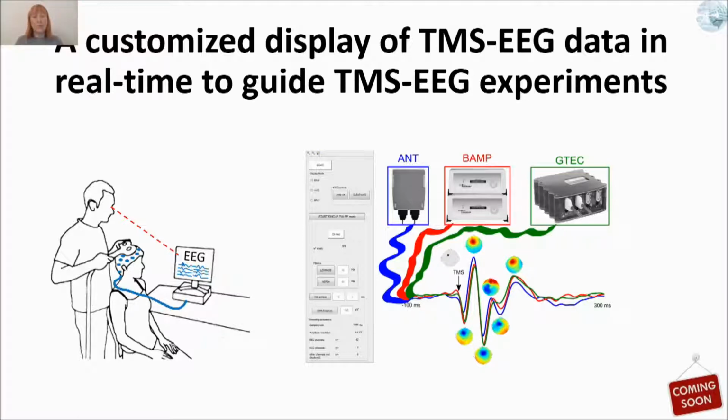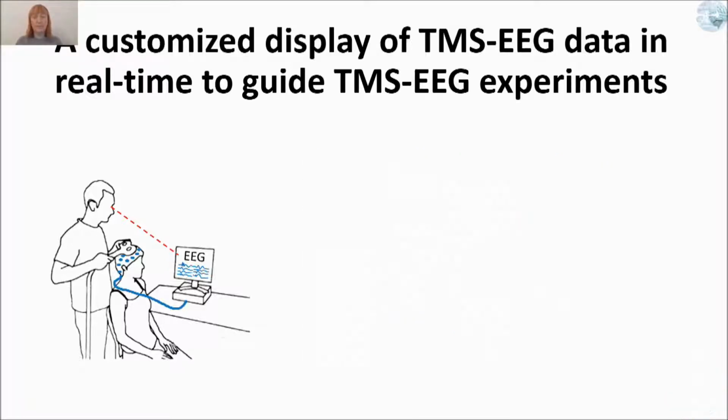We will make the source code of this software freely available soon, but today I want to describe the basic features of this software tool and how they can help preventing the occurrence of clear-cut artifacts and can allow to appreciate the characteristics of genuine EEG responses to TMS.